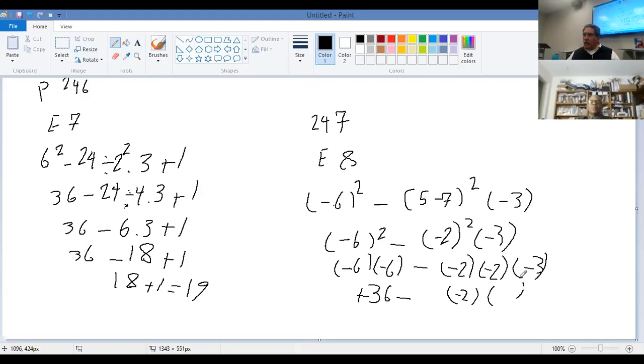Okay. Minus 3 times minus 2 is plus 6. Plus 6 times minus 2 has opposite signs, so you get minus 12.